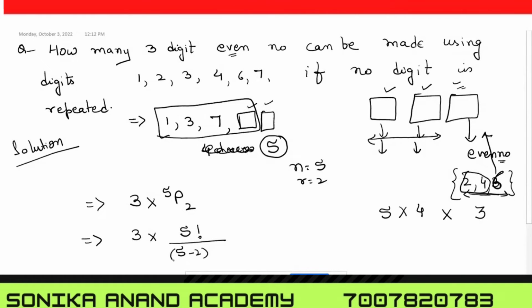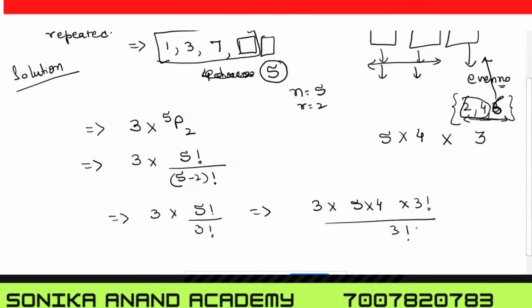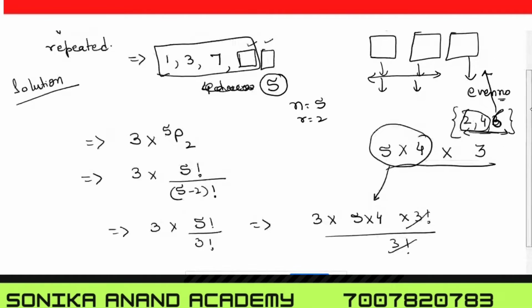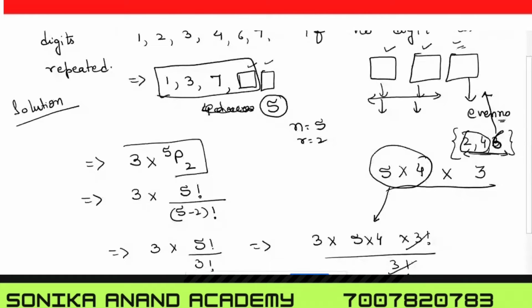Actually, the main thing is how will I decide the value of n and r? You can see we again get the same numbers as we get from our traditional way. See, 5 and 4. Clear? It's necessary to understand how you will take this.